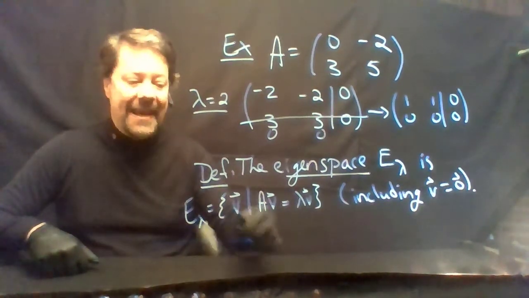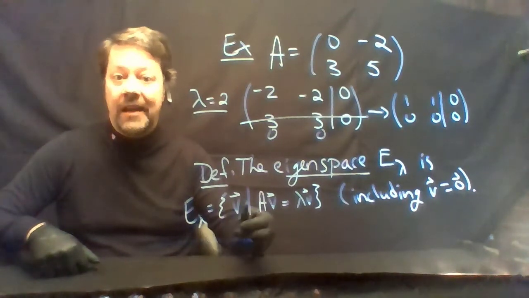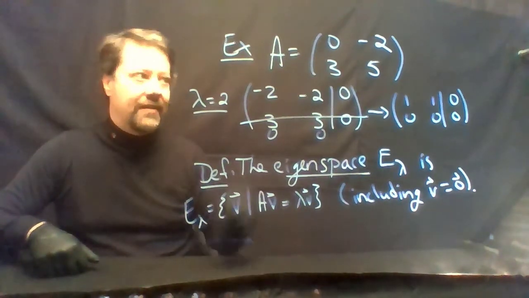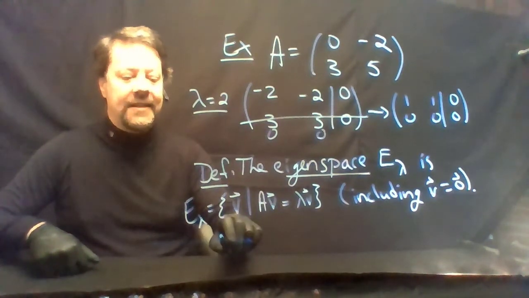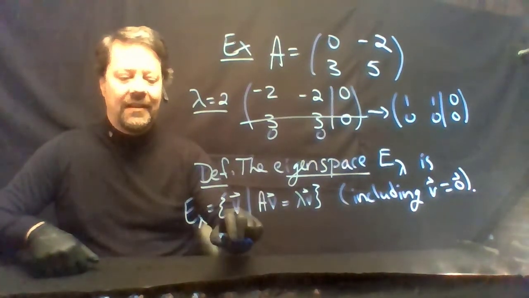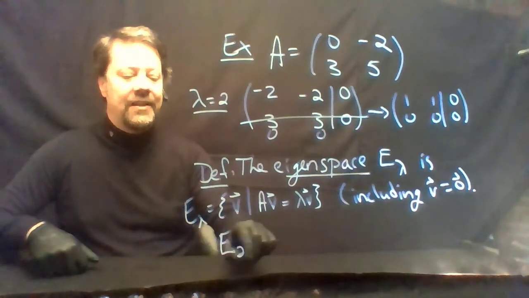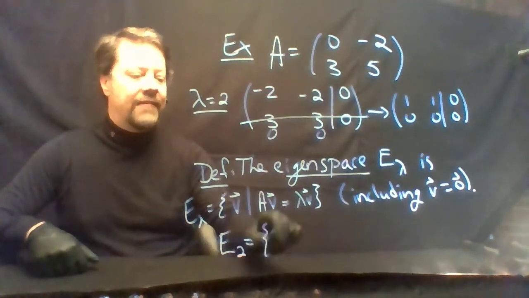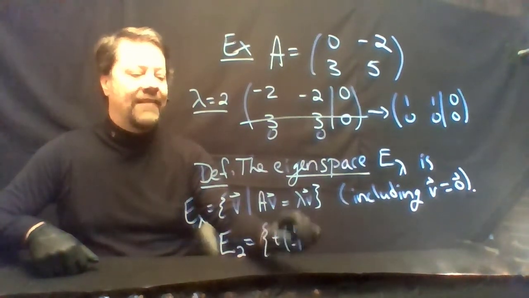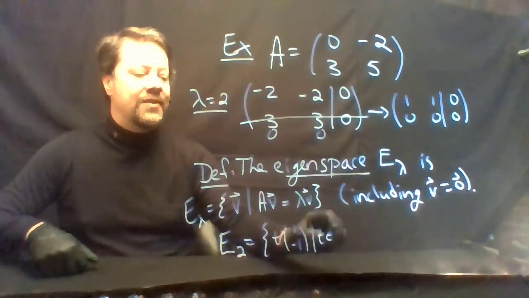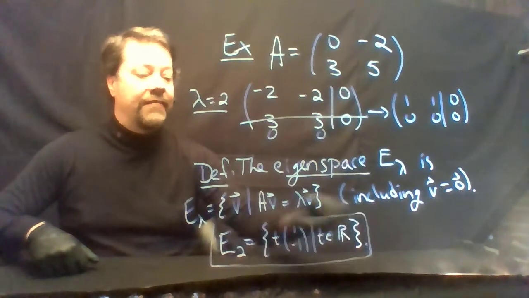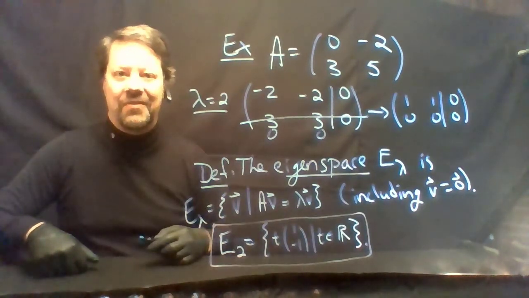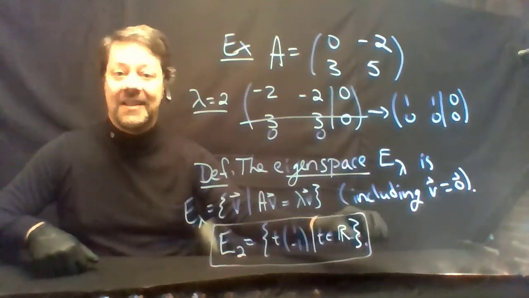The eigenspace is a subspace of Rn, whatever n you're working with, in this case R2. So in this example, E2 will be the set of all t times (1, -1), such that t is a real number. It describes all of the eigenvectors and the 0 vector thrown in for good measure in order to make it a subspace.